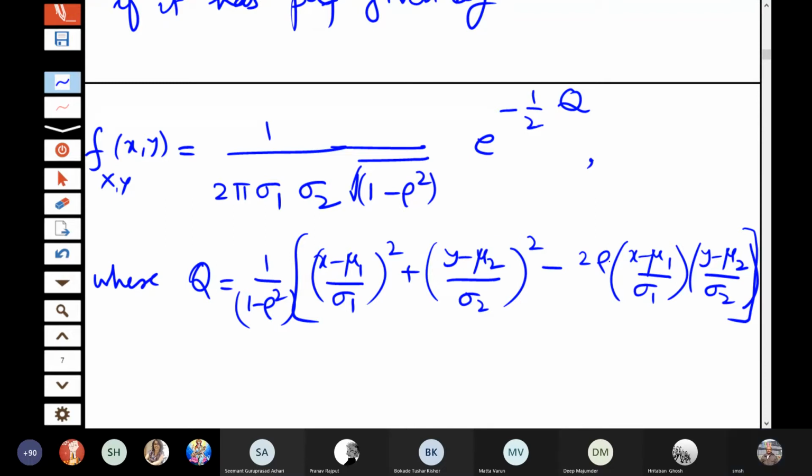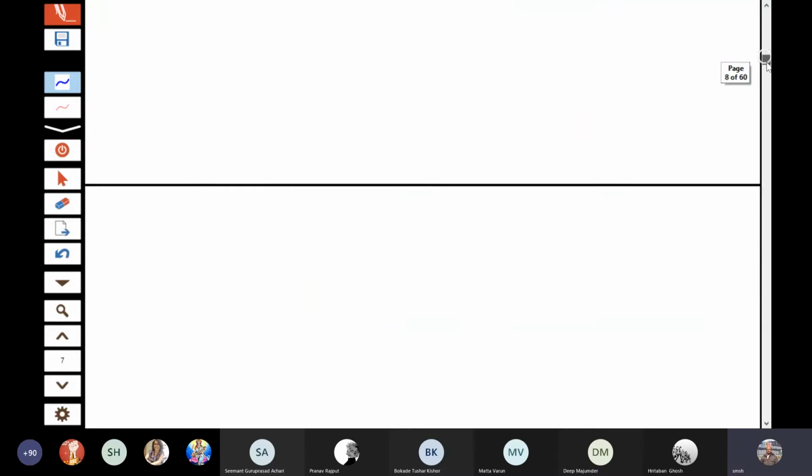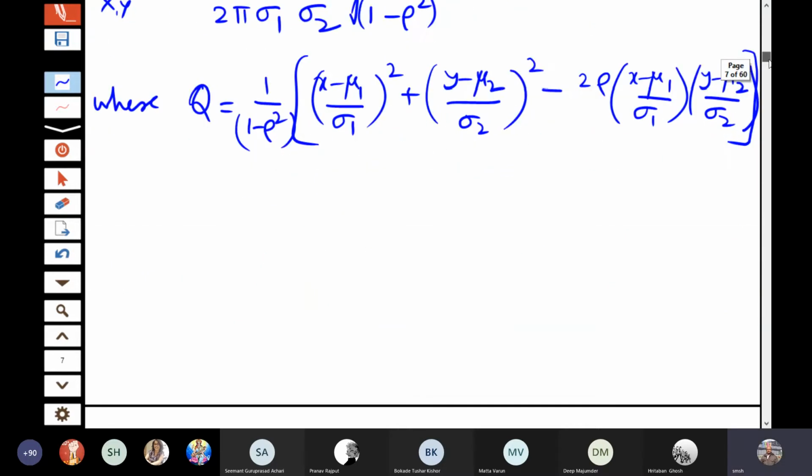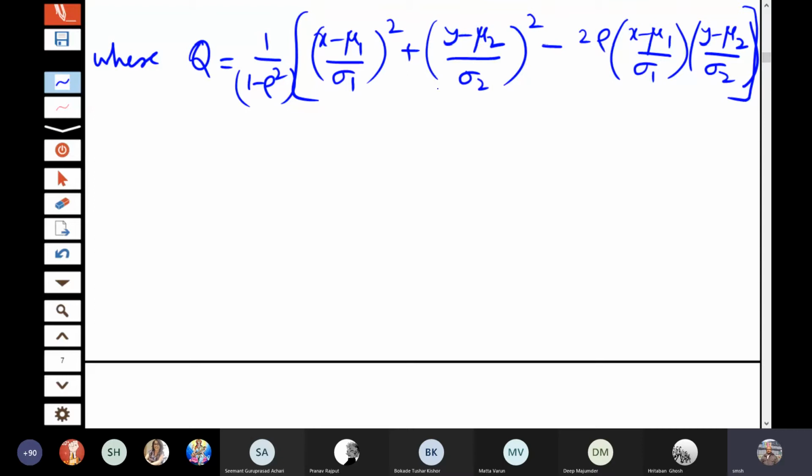It suggests that I can write it as a perfect square either in x or in y. In both cases it can be done, and some adjustment will need to be made. So let us do that. This Q term I will consider.